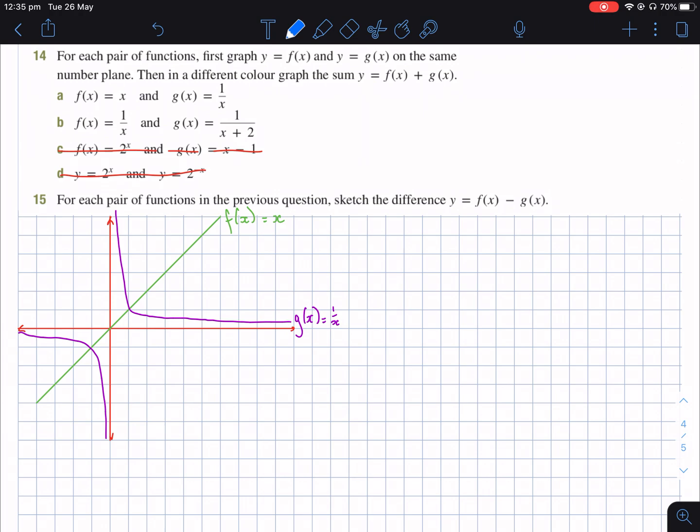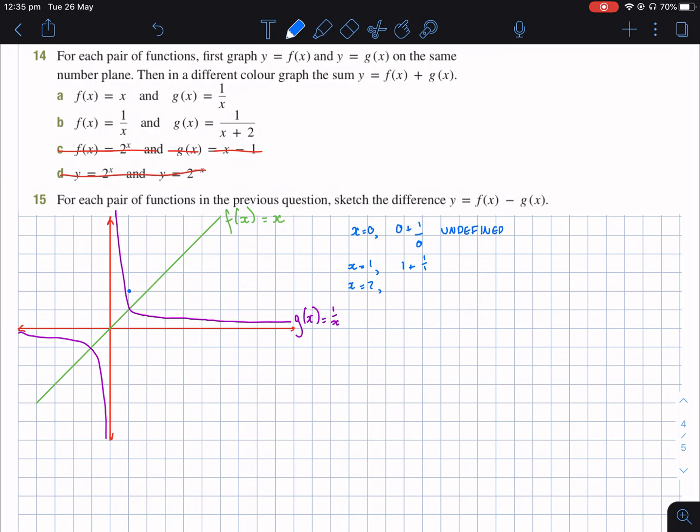We're graphing the sum. So if x is 0, then I've got 0 plus 1 on 0, undefined. X equals 1, I've got 1 plus 1 on 1, I've got 2.